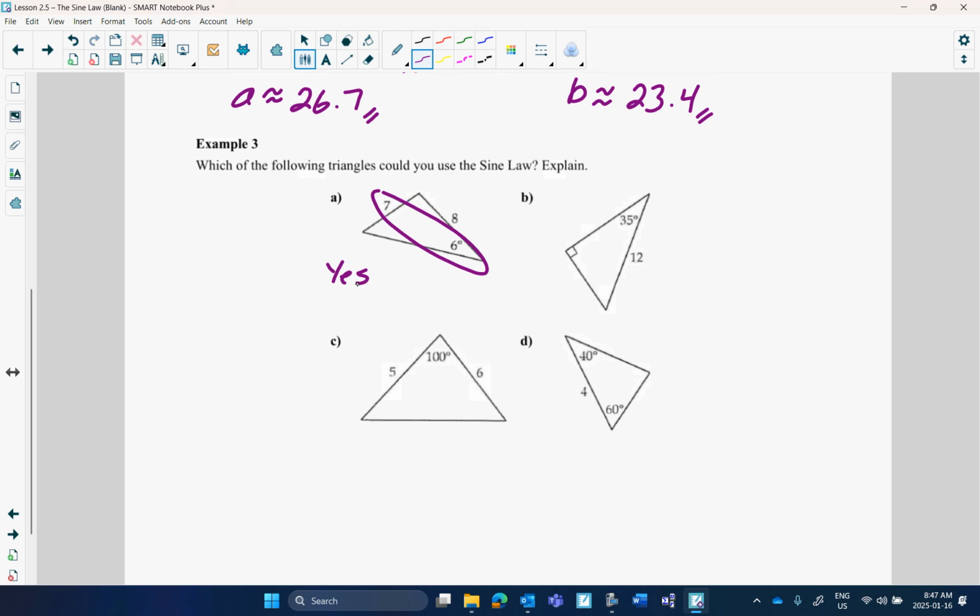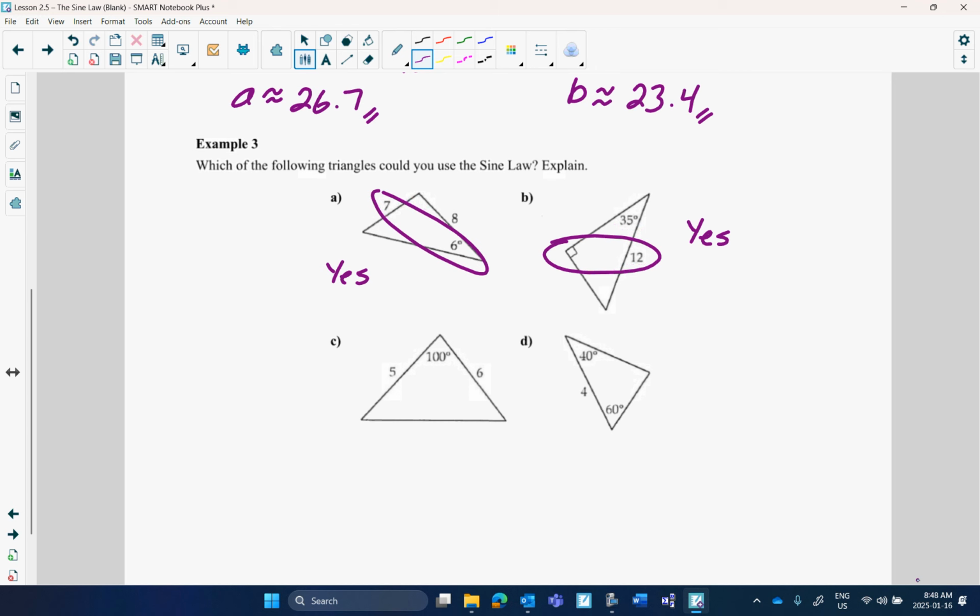It just happens to be 90 degrees. So like I said, technically we can use sine law, but most of the time we would look at this and say, oh, well, it's a right triangle, so we use right triangle trig. So yes.